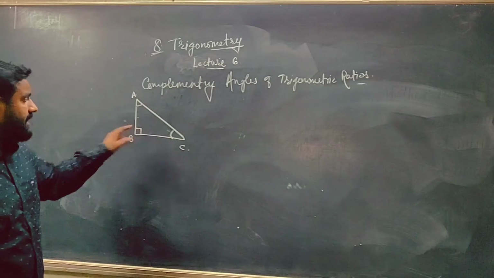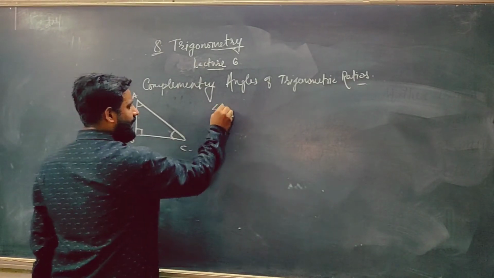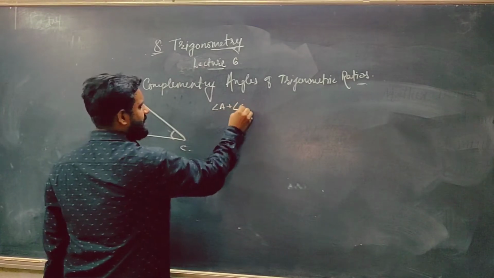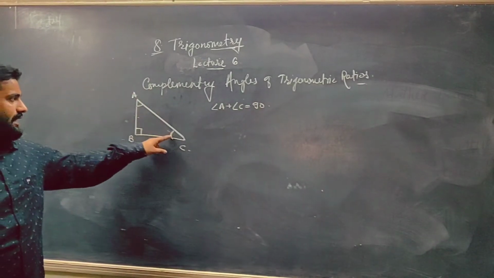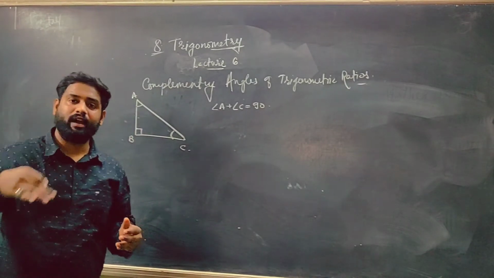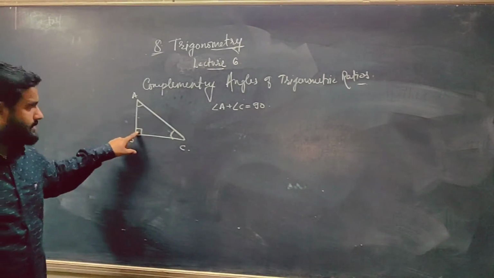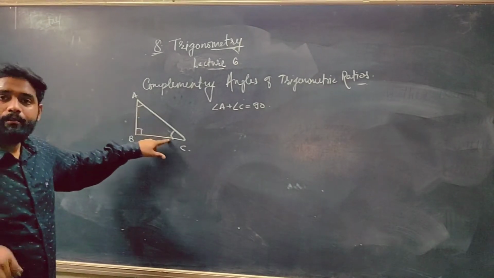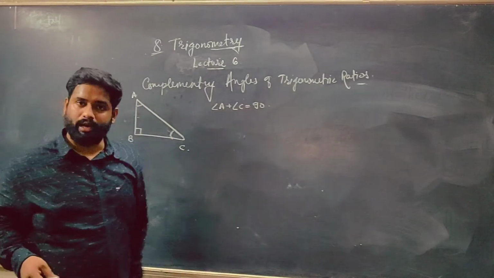But as B is 90, obviously angle A plus angle C is going to be 90. Yes or no? Sum of all the interior angles of the triangle, you know that it is 180. So if one angle is 90, the sum of the other two angles is obviously going to be 90. So angle A plus angle C is equal to 90.